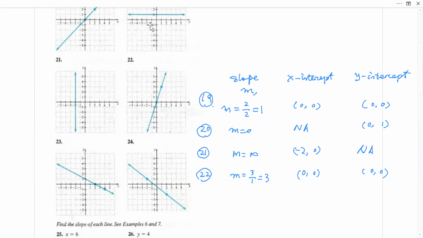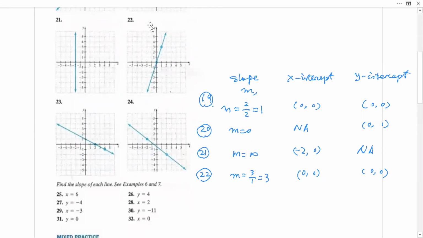All right, let's move down to 23. What is the slope of this one? You can see this dot is 2, 0, right? And this one is 4, -1, right?